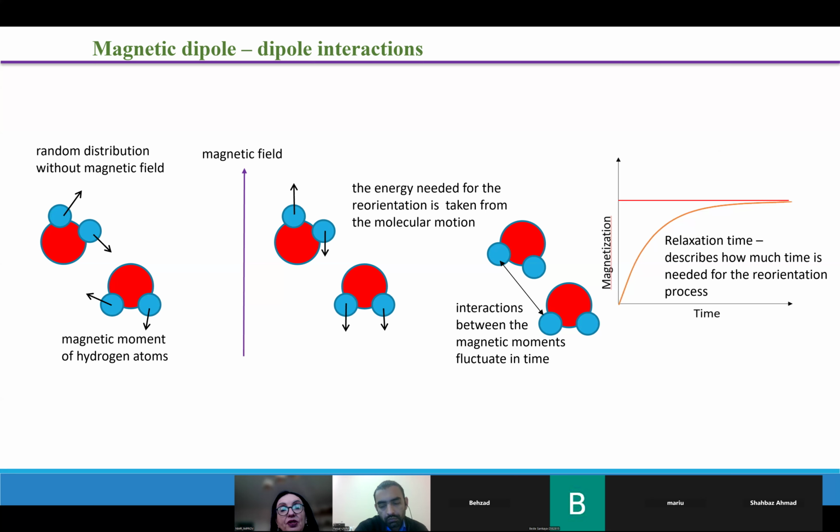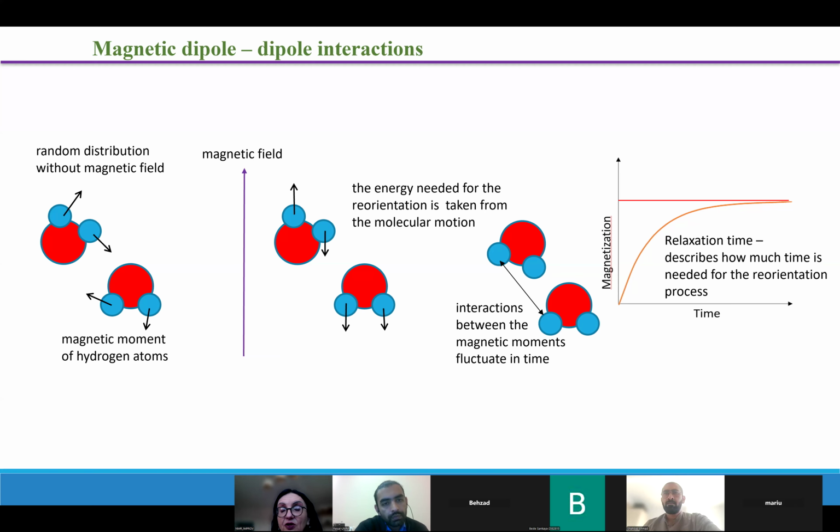And this is what is happening at this moment. Magnetic moments of protons interact not only with the external magnetic field, which creates a very, very big magnetic moment by itself. They also interact with the magnetic moments, in other words, magnetic fields, generated by the magnetic moments of the neighboring protons.